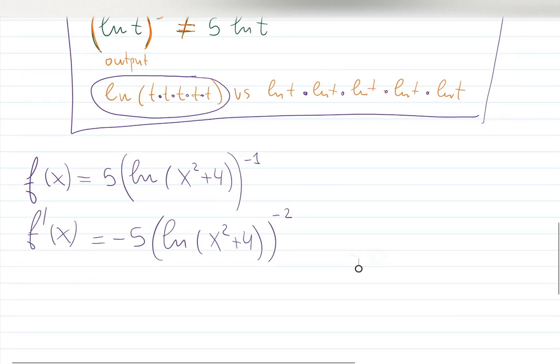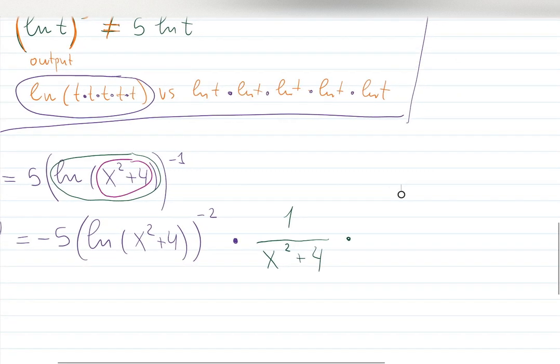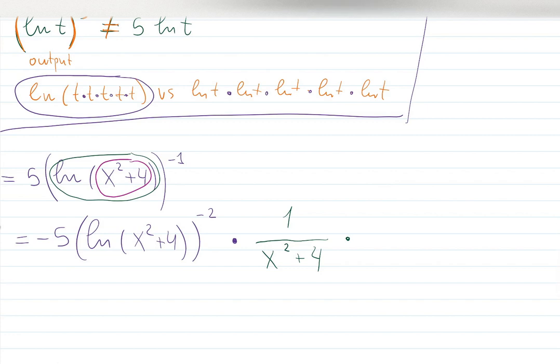Don't forget to decrease the exponent by 1. Times, chain rule says now we can look inside and differentiate the function inside. I see log inside. Derivative of log is 1 over everything inside, x squared plus 4, times. Now chain rule tells me look deeper inside and differentiate the function inside. Now I see that inside of the log there is x squared plus 4. Derivative of that is 2x.